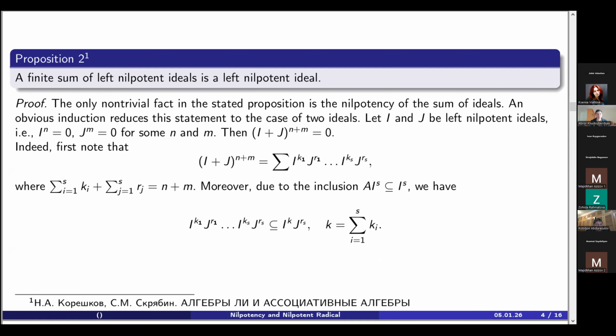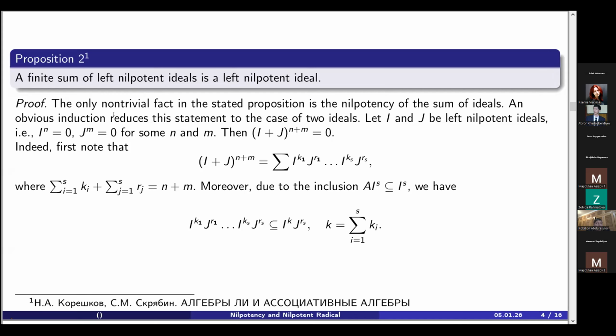The only nontrivial fact in the statement of the proposition is the nilpotency of the sum of ideals of A. An obvious induction reduces the statement to the case of two ideals.